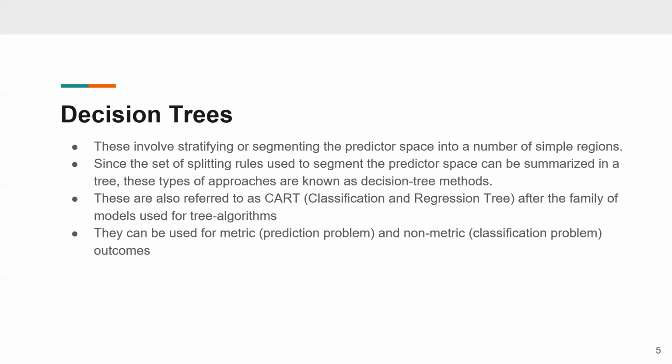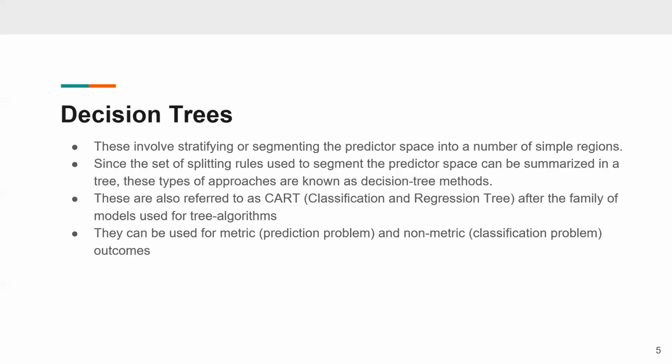We're trying to segment the independent variables into different spaces. I'll have an example for you very shortly so that you know what I'm talking about here. Since the set of splitting rules used to segment the predictor space can be summarized in a tree, these types of approaches are known as decision tree models.